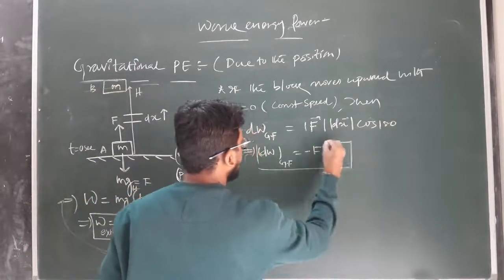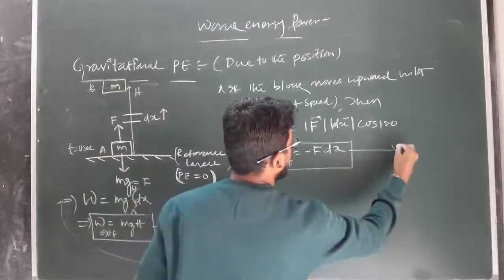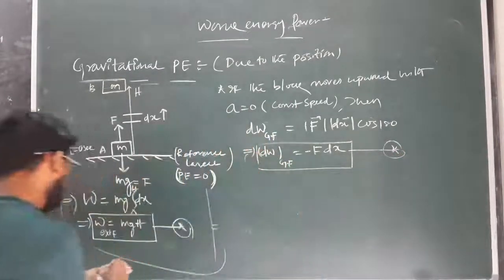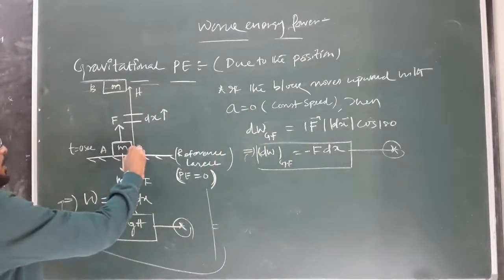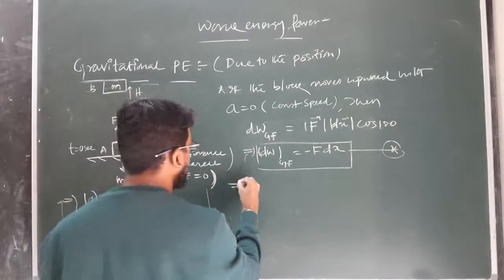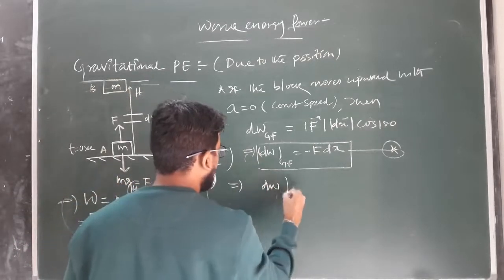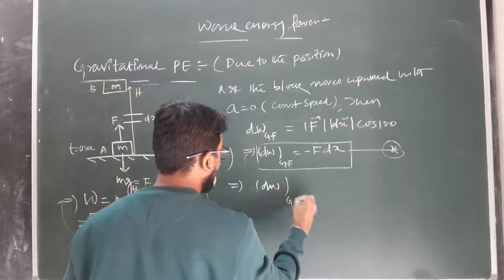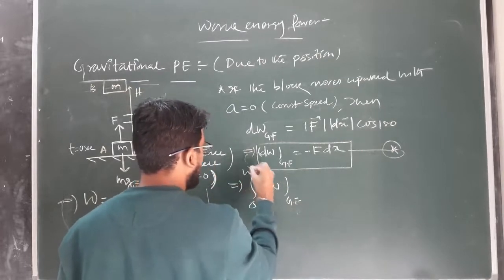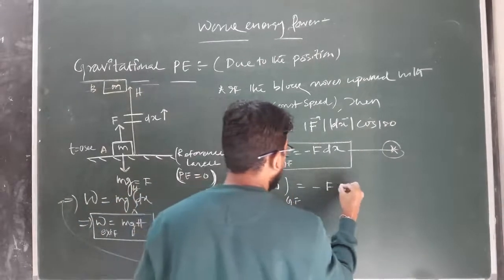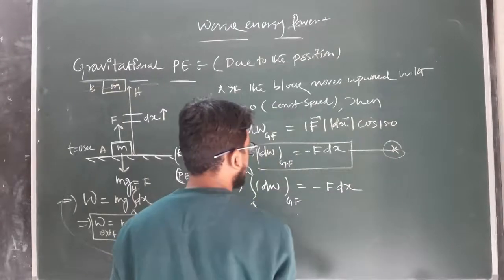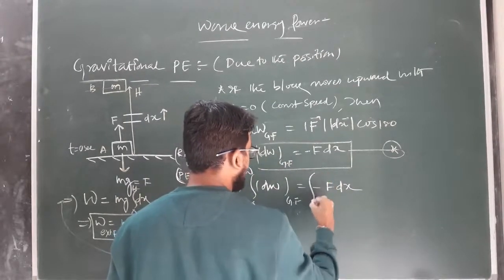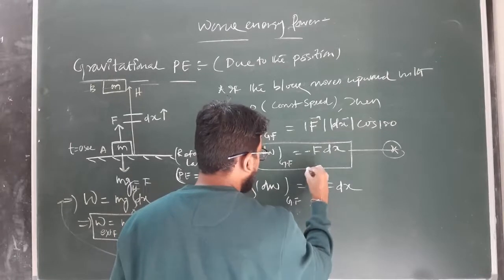Clear? But we have to find out the total work done by displacing the block from A to B. So now integrating this, we will get what? So dW due to the gravitational force, limit 0 to W, will be equal to minus F dx integration from 0 to h.